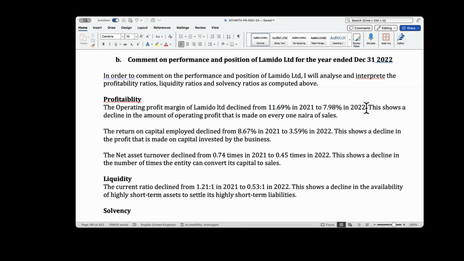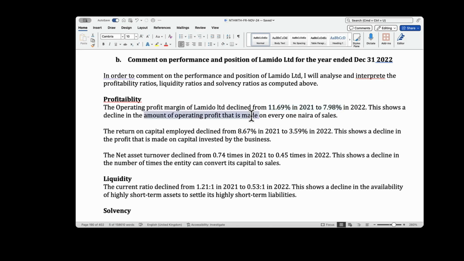And I would say that this shows a decline in the amount of profit that is made on every ₦1 of sales. That is it. I've shown understanding of this ratio. I've told him that when an operating profit margin is declining, it means that there is a decline in the amount.